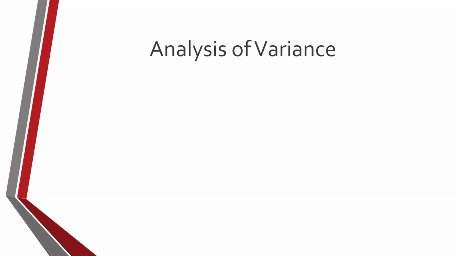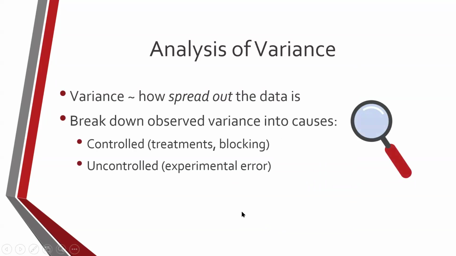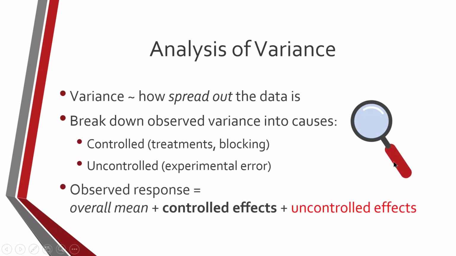I'm going to review real quickly a couple of those slides from day one. We'd love to dive into the analysis. And as we talked about in the first day, we're really doing an analysis of variance. That's how spread out the data is. We're going to break apart what we see, all of those observations.